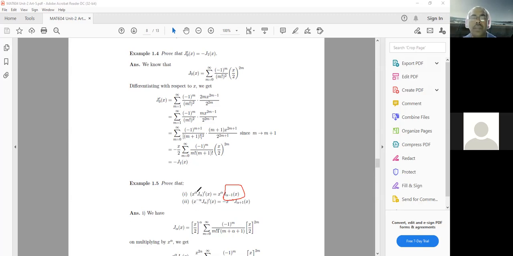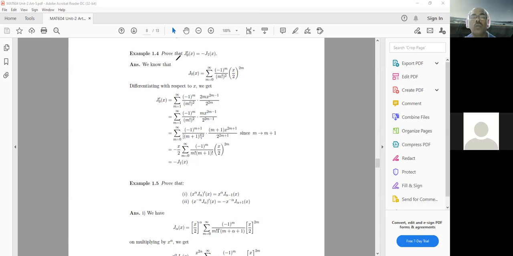Second result, instead of this multiple here, we take the multiple x to the power minus alpha, and the derivative of the product of x to the power minus alpha and the Bessel function of order alpha is the same as minus x to the power minus alpha into the Bessel function of order alpha plus 1.